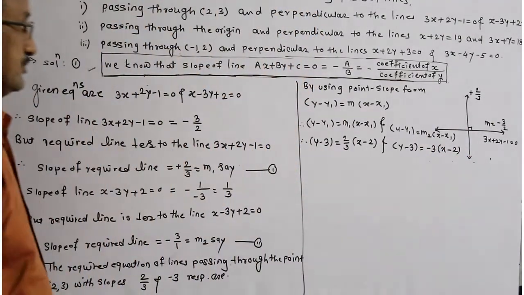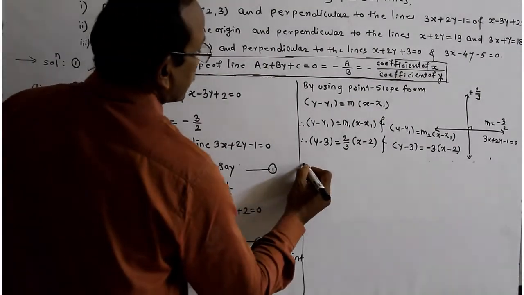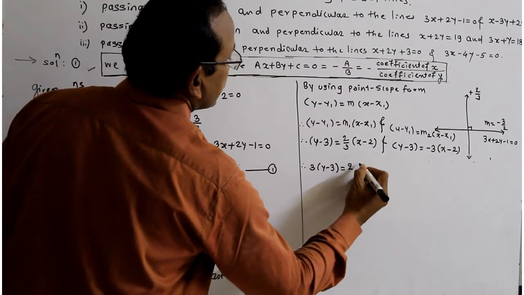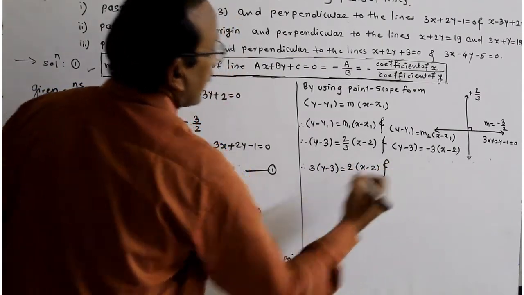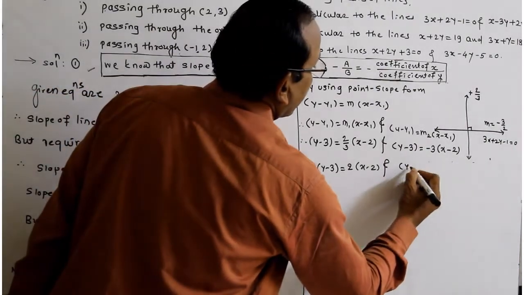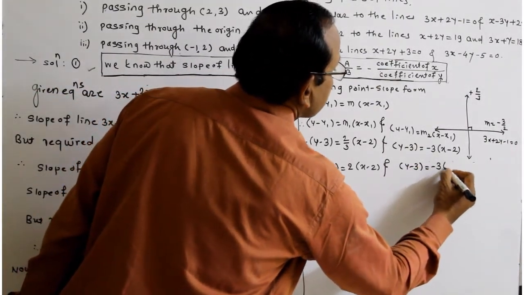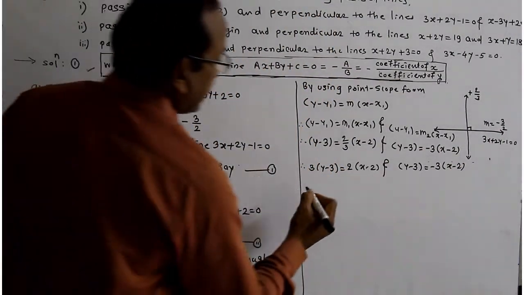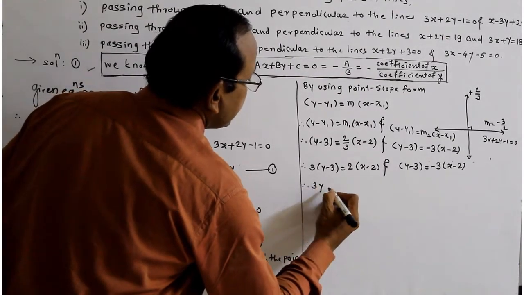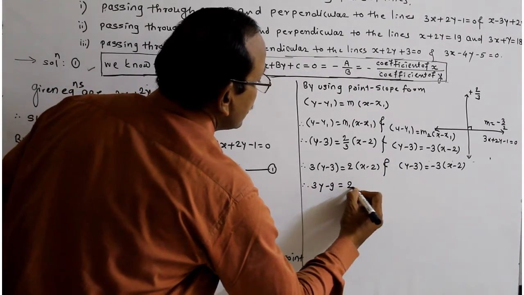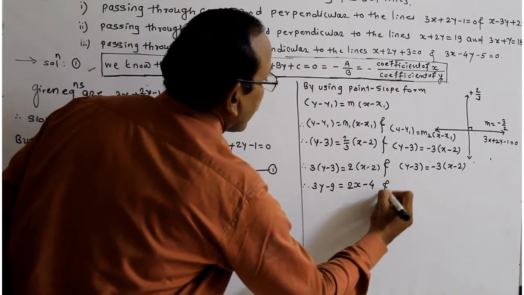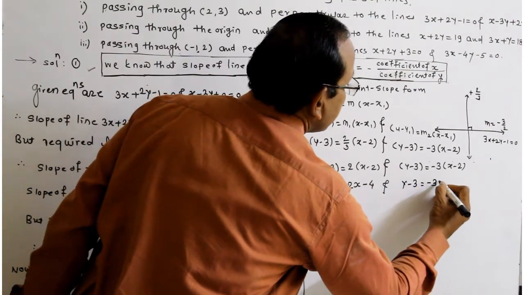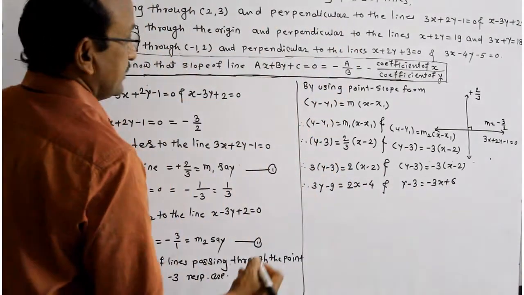Now find their equations. By cross multiplication, 3 into y minus 3 is 2 times x minus 2, and y minus 3 is equal to minus 3 into x minus 2. Then open the brackets. So it is 3y minus 9 is equal to 2x minus 4 and y minus 3 is minus 3x plus 6.